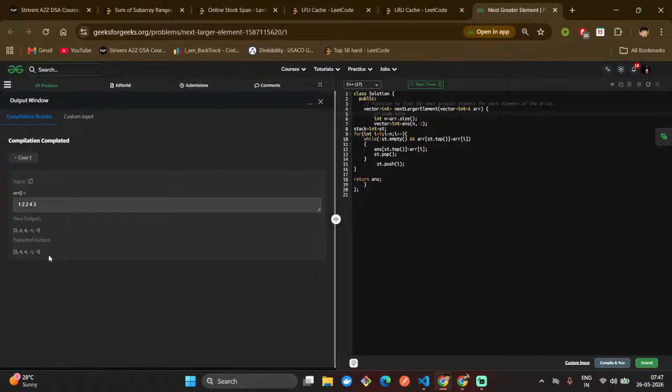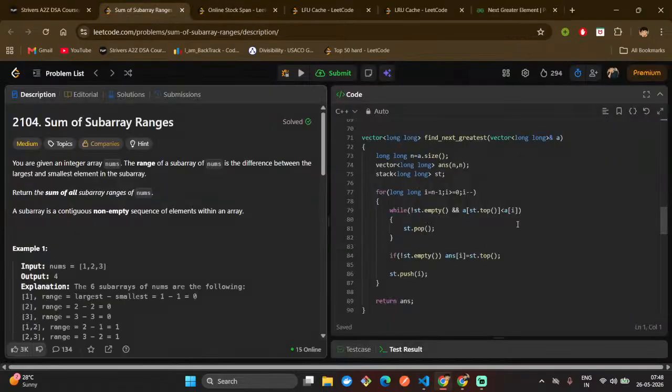So it's removed, minus 1. Now value is 4. Now let's check this greater, nothing. It's not greater. So again push. Yeah, it's push. Again something. Just write this.